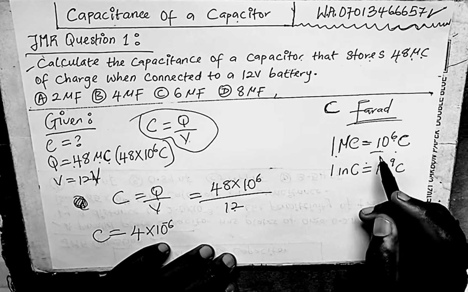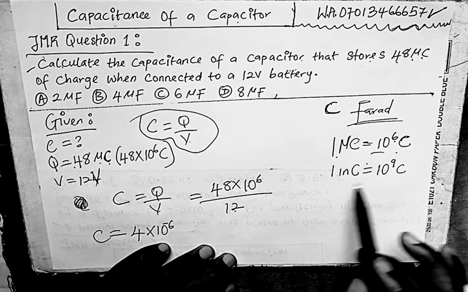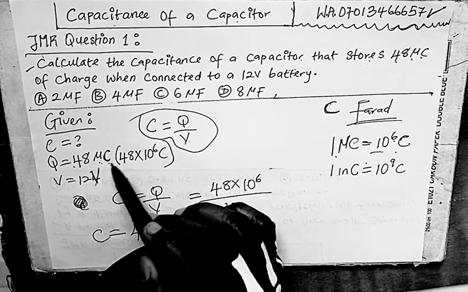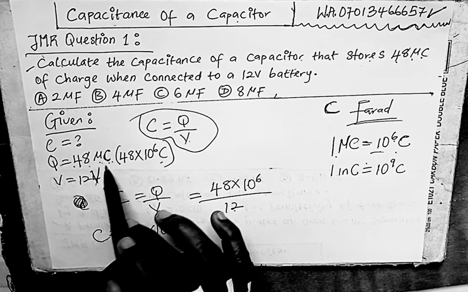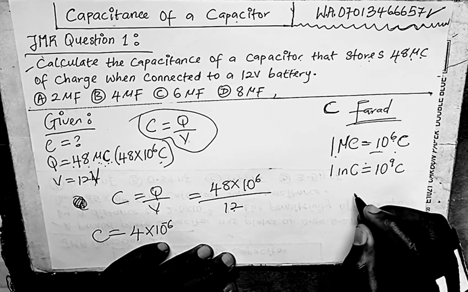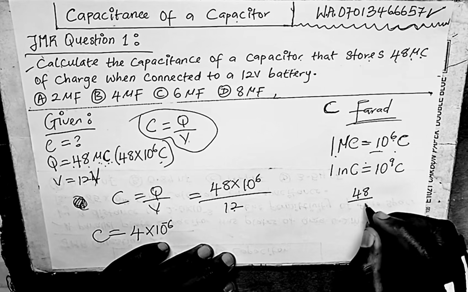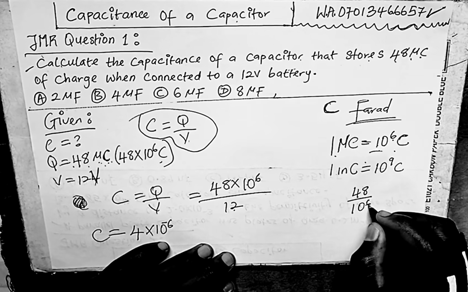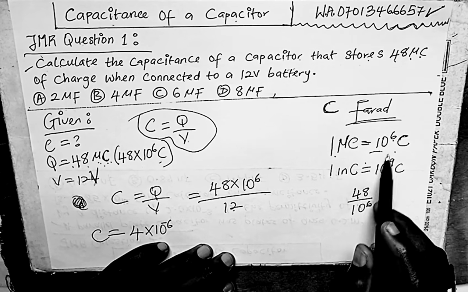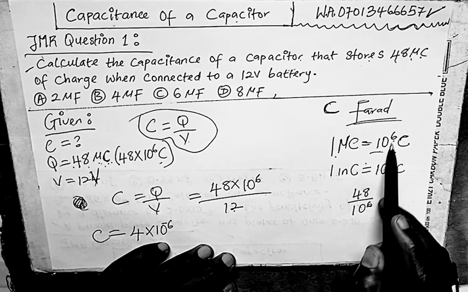Small mistake in this conversion. If we want to convert from 48 nanocoulomb to coulomb, coulomb is bigger than nanocoulomb, so we are supposed to divide. It's supposed to be 48 divided by 10 raised to power 6. I told you before that this is equivalent to 1 million.